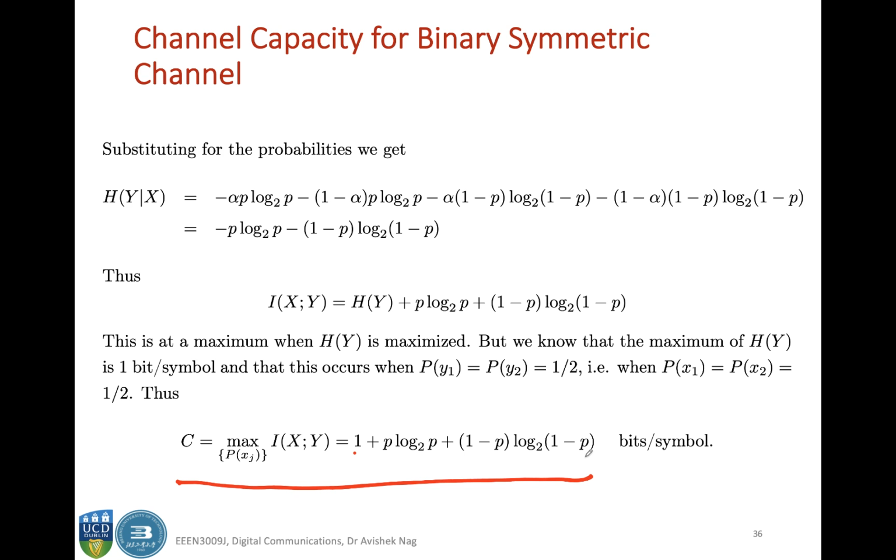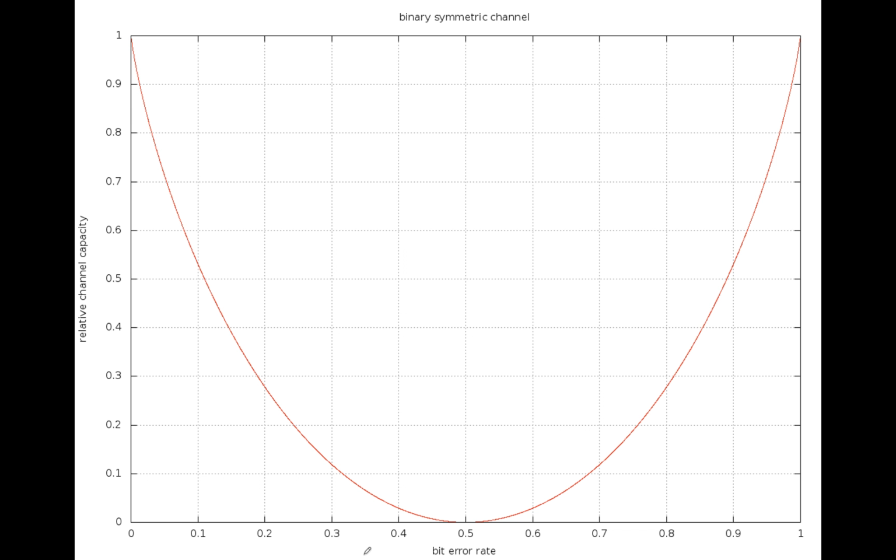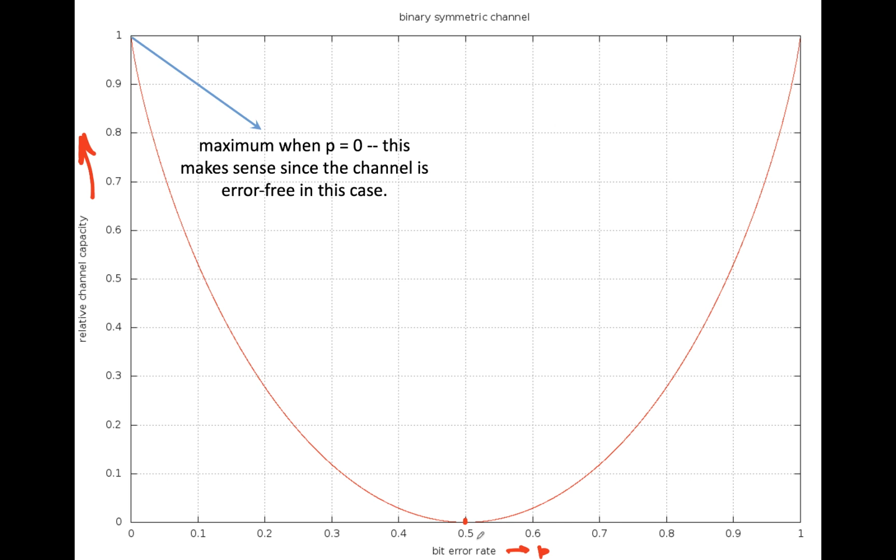So if you plot your C, this relative channel capacity is the y-axis, and this P is the bit error rate, or the flipping probability. If you plot P versus capacity, then when your P is half, your channel capacity is minimum, but when your P is equal to 0, you have the maximum value of the channel capacity, which is 1.